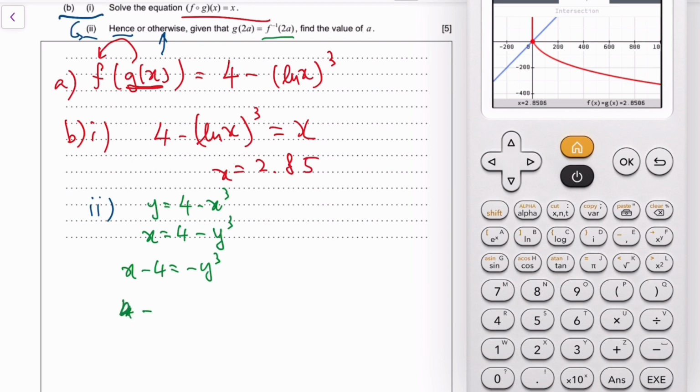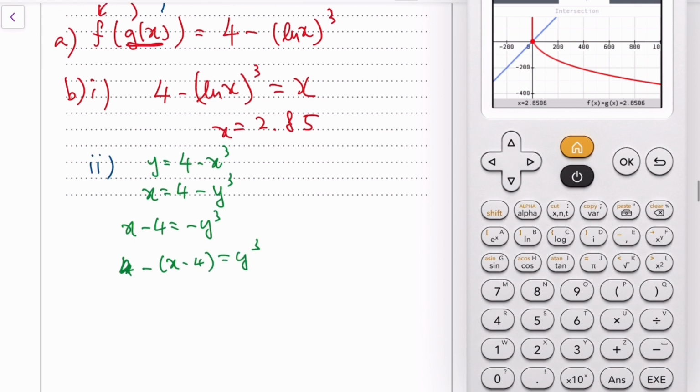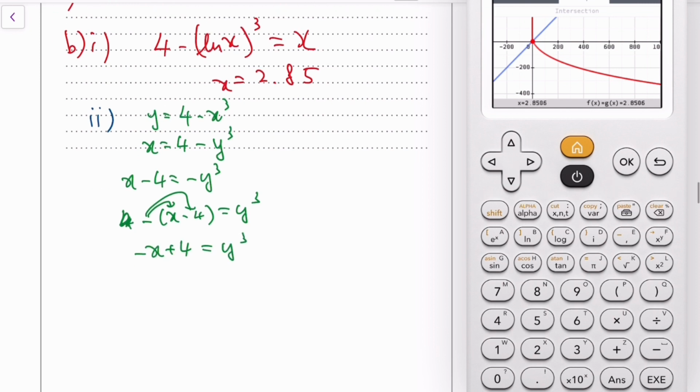So it becomes negative x minus 4. Maybe I write a bit more steps. This is SL after all, so it's minus x plus 4. Minus x plus 4 is the same as 4 minus x. And you cube root that, so y is the cube root of 4 minus x. So that's f inverse.